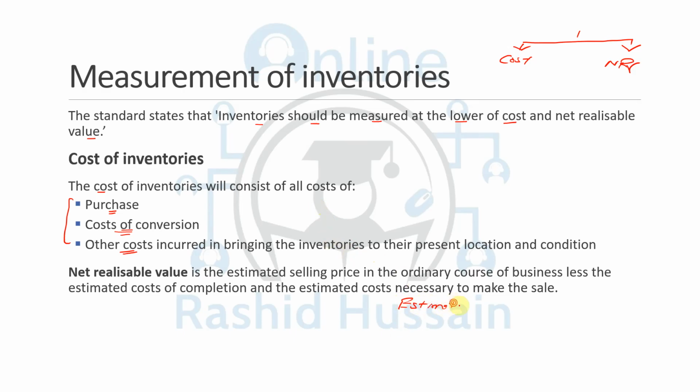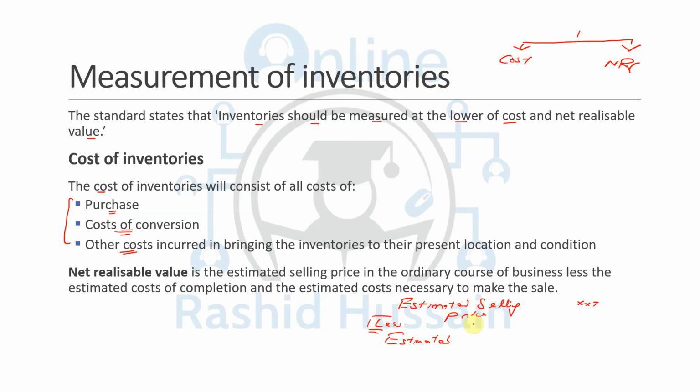Let me just write it. Estimated selling price, and then we deduct two things from it. The two things are estimated cost of completion. Like for example, you have the inventory and you need to spend something in order to bring that inventory to a saleable condition.